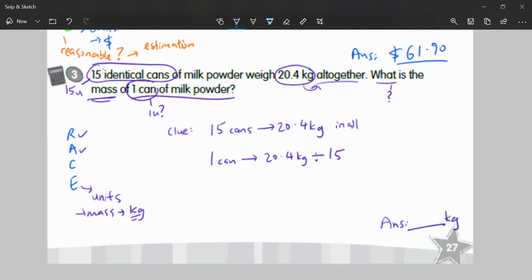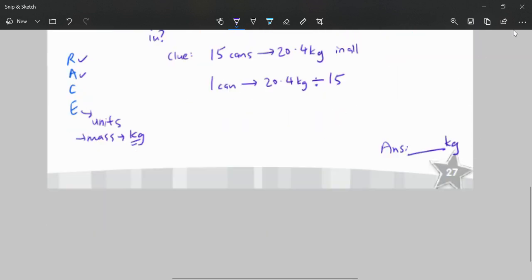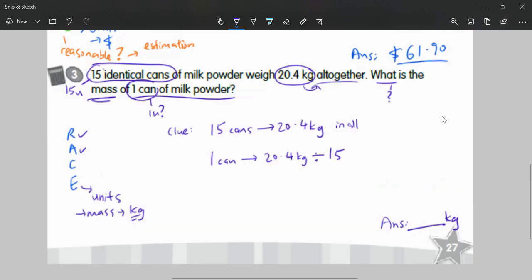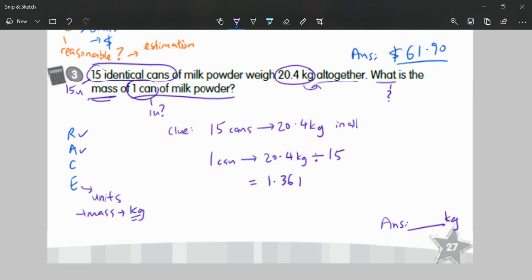Then you have the calculator symbol here. This means that you can use your calculator to press 20.4 divided by 15. That also means that this particular question is actually testing whether you can understand the word problem and then use the correct operation. In this case, after you press the calculator, 1.36, do not forget the units, 1.36 kilograms.